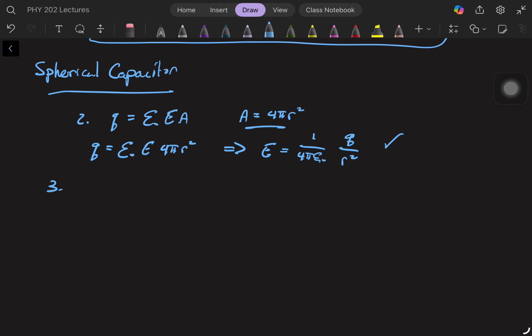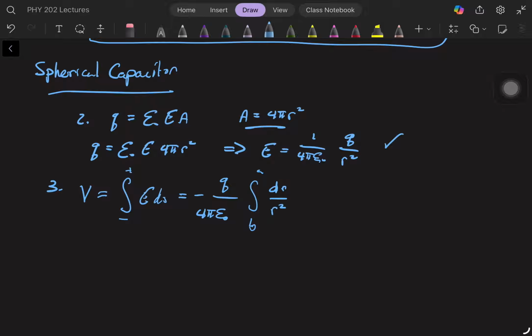And so now we're going to integrate. And so we have V is equal to, from minus to plus, E ds. We get the negative Q over 4 pi epsilon naught, integral B to A, dr over r squared.